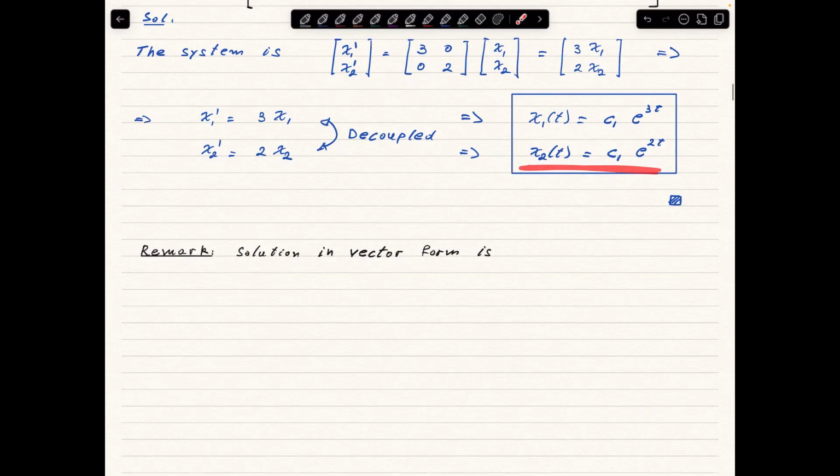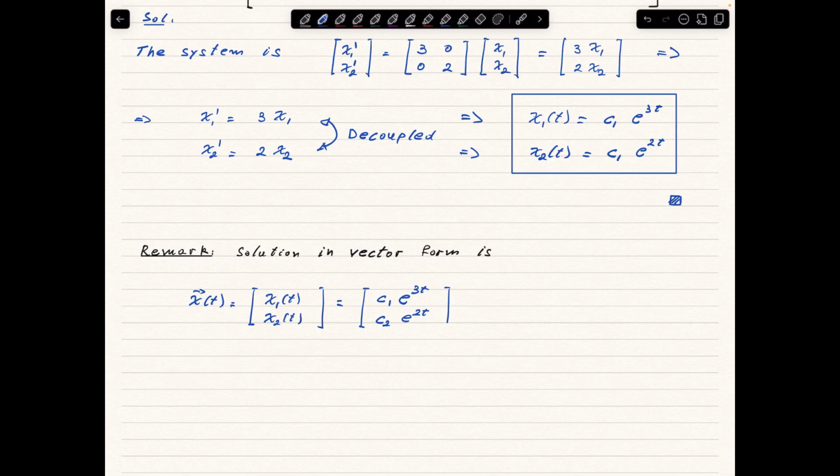Okay, if we write it in vector form, what do we get? Well, x of t, recall, is a vector that has on each component x1 of t and x2 of t. And we found these functions. The first function is proportional to exponential 3t, and the other is proportional to exponential 2t.